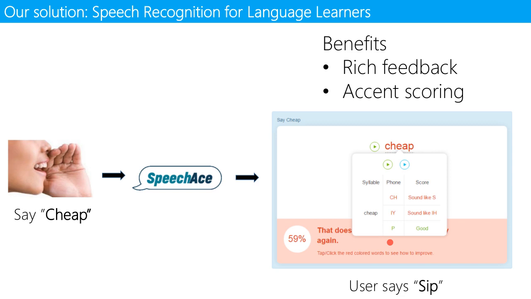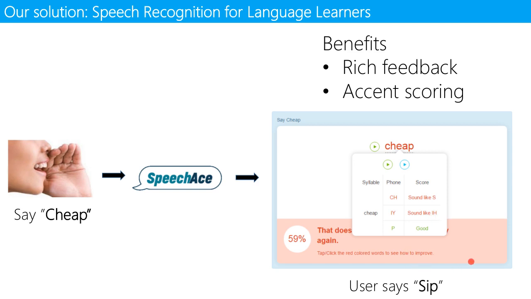As an example, in this figure, the user is trying to say the word cheap, and our software parses that audio and presents this format to the user where they get a percentage score on their audio, and they get a breakup of their syllables and phonemes, and we visually show where the problem is in their speech.